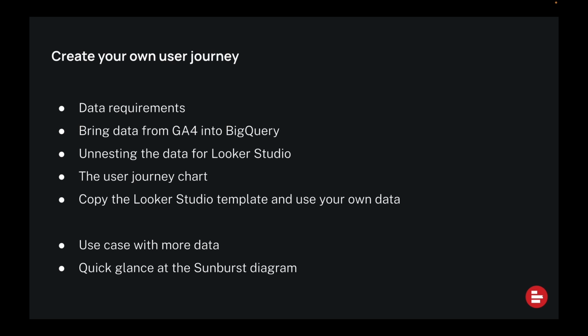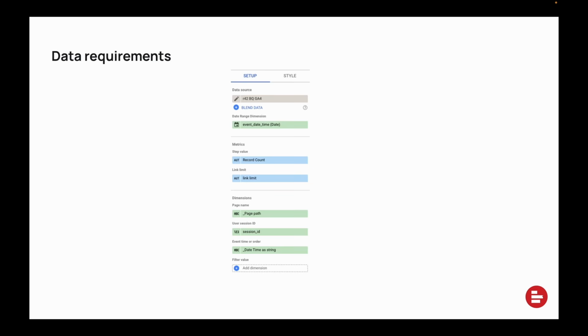We will go back to the chart and try to configure it with the data that we created. And I will walk you through the template so that you can use your own visualization. At the end of the session, I will show you a larger use case. And we also will have a quick glance at the sunburst diagram that is coming with the user journey visualization.